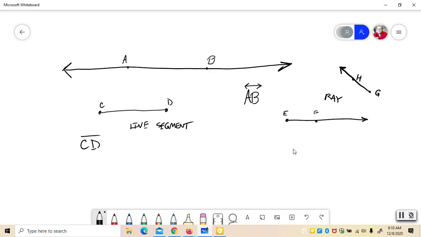They have a beginning but no end. So I would call this ray EF, and I draw the line over it with just 1 arrow to show that it has a beginning but no end. And you always start with the beginning point when you name a ray. Even though H is to the left and G is to the right, I name it GH. And I don't have to draw the ray so it goes up at an angle. I just do that. Okay, so lines, line segments, and rays.